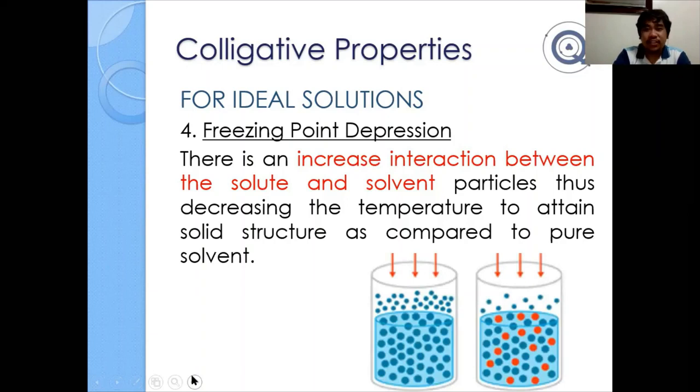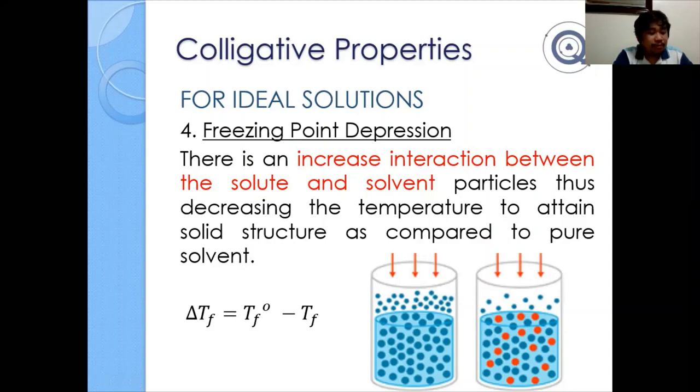So same reason. Since this is depression, delta TF is equal to TF naught minus TF. Take note that the deltas, our colligative properties, should always be positive. That is why this is opposite to the earlier TB minus TB naught: since this is freezing point depression, TF goes down. So, TF naught minus TF. We reversed which one has the naught and which one doesn't.